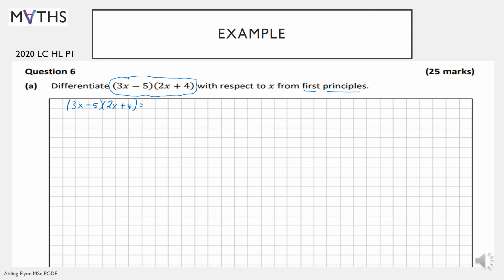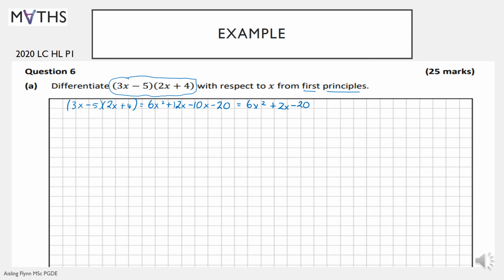Beginning with the 3x and multiplying it by the second bracket, we get 6x squared plus 12x. Then multiplying by the minus 5, minus 10x minus 20. Simplifying the two middle terms, we get 6x squared plus 2x minus 20. And that's our starting point.